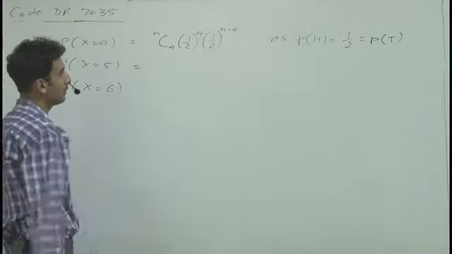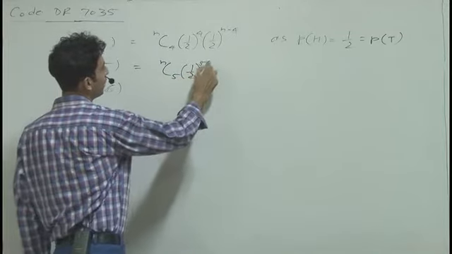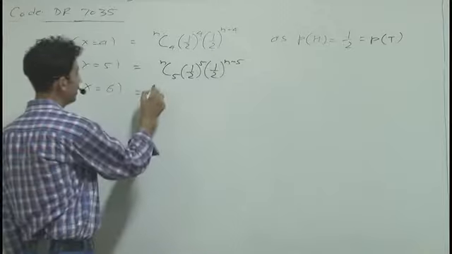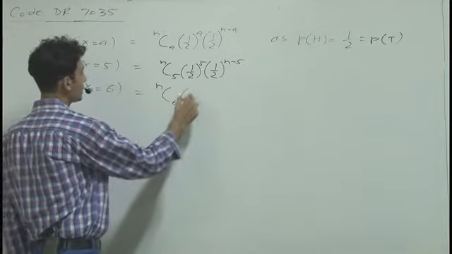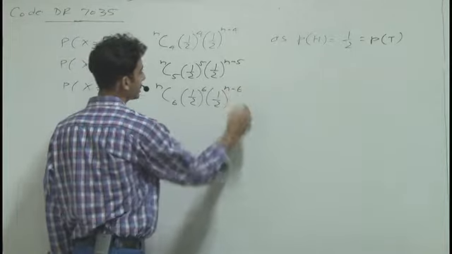In a similar manner, we can write nC5 (1/2)^5 (1/2)^(n-5), and similarly nC6 (1/2)^6 (1/2)^(n-6).